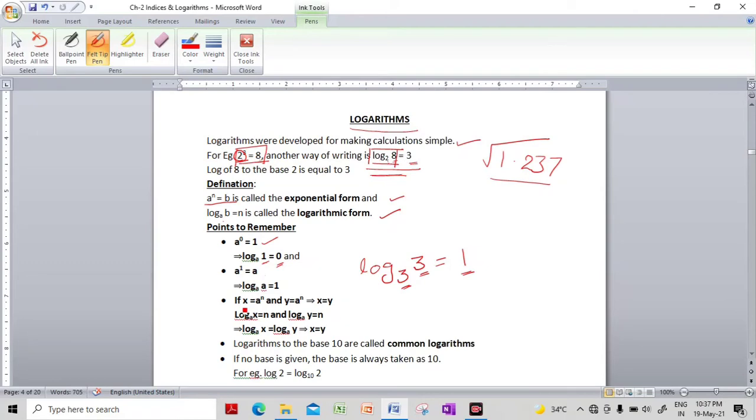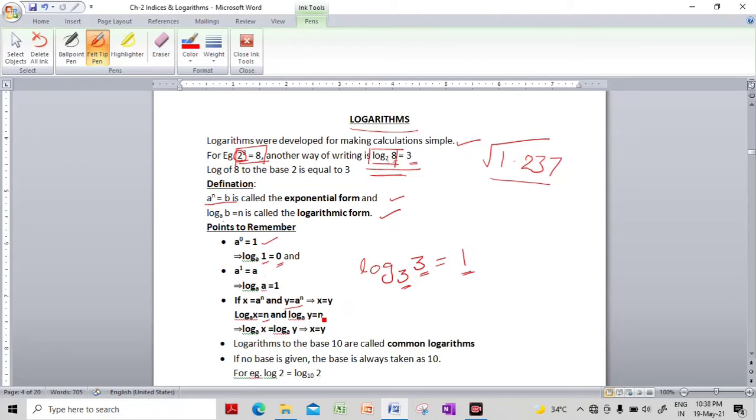Next point: we know that if x equals a to the power n and y equals a to the power n, this implies that x is equal to y. The same rule is applicable to logarithms also. If I convert this into logarithmic form, it can be written as log of x to the base a equals n, and log of y to the base a equals n.